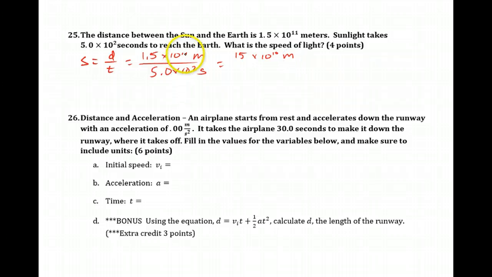So we've brought one of our powers of 10 over and moved the decimal over, divided by 5 times 10 to the second seconds. And then that's going to equal 15 divided by 3, times 10 to the 10 minus 2, so 10 to the 8 meters per second. You could also just do that on your calculator. That would have been fine as well.